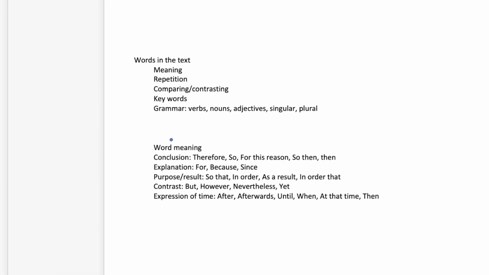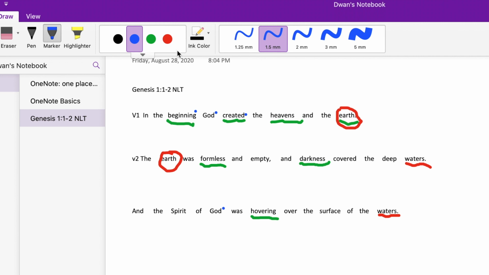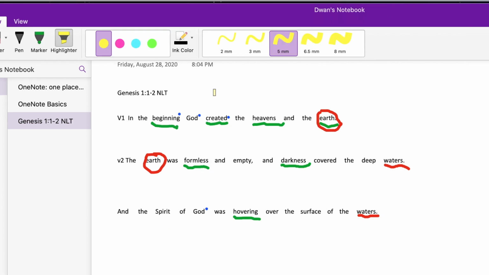Next, we are going to look at grammar. We're going to look for verbs here. Verbs describe action. So we have created, which is a verb.